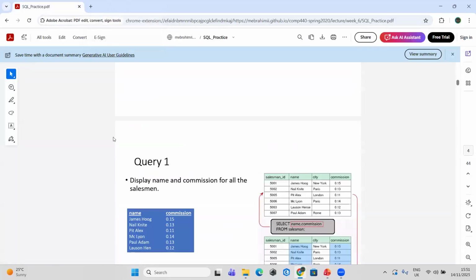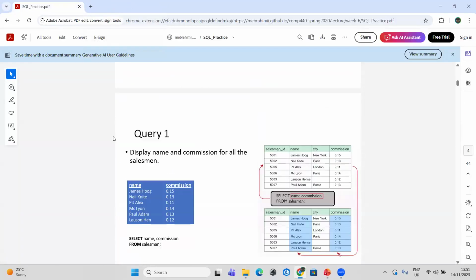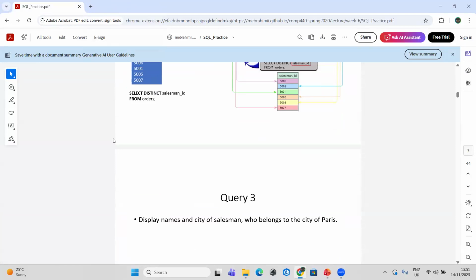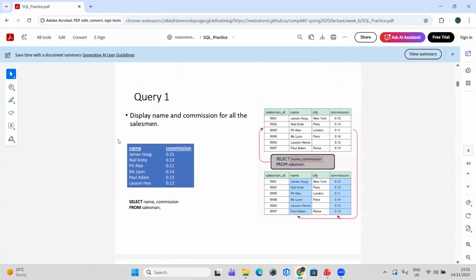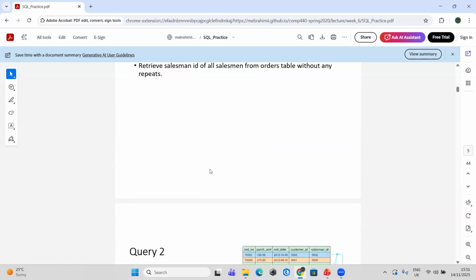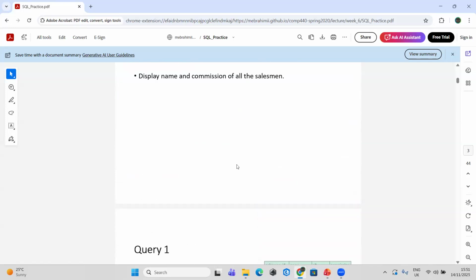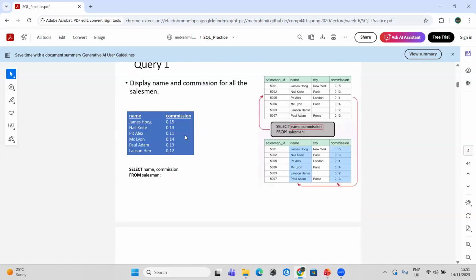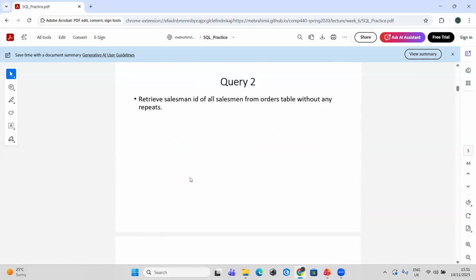Until then, just try some online exercises. For example, here you have some tables, display name. So this is the query. Here is the solution.